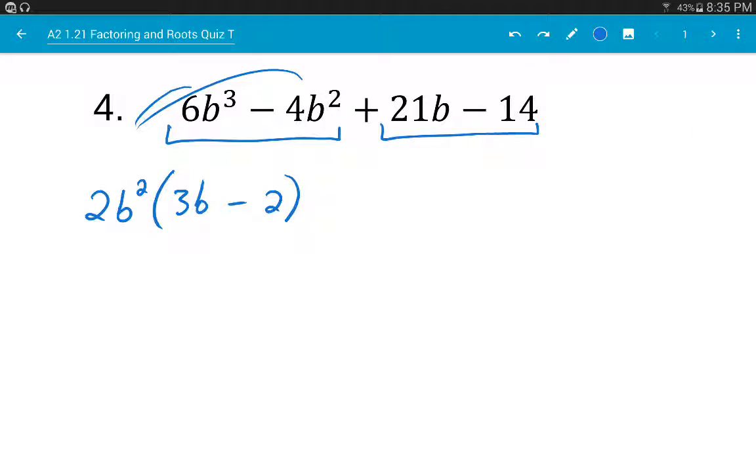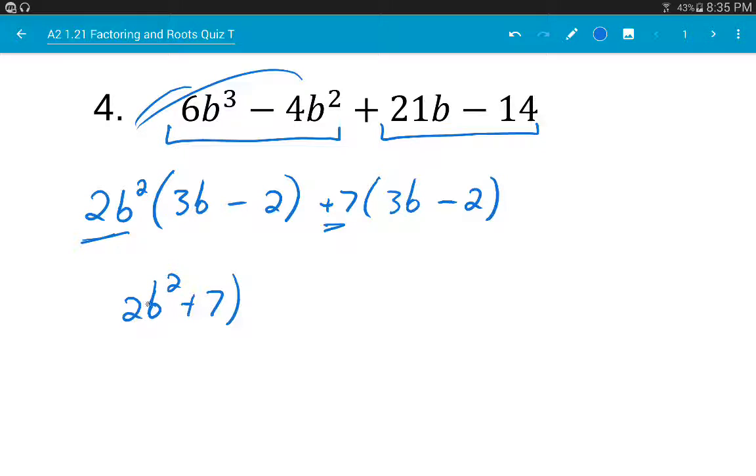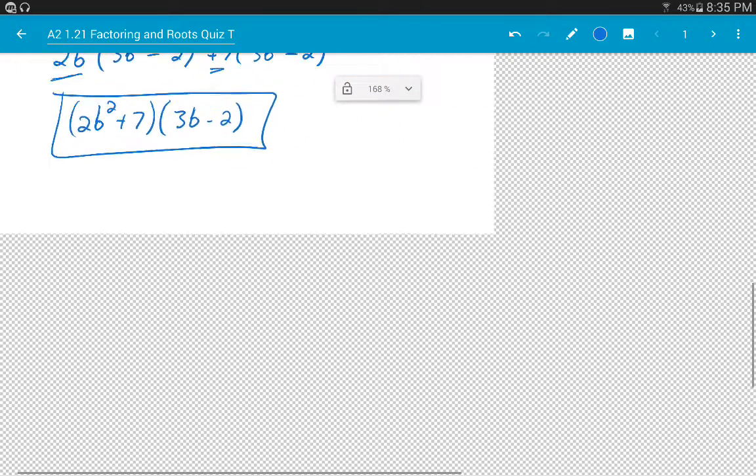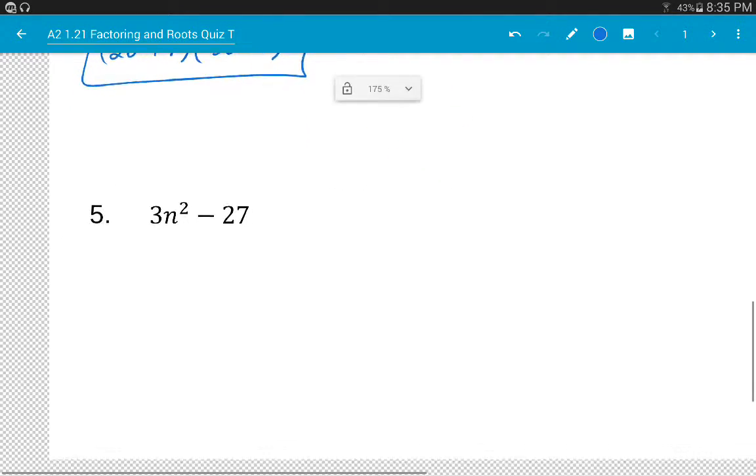On the right-hand side, 21 and 14 are both divisible by positive 7. So this leaves me with 3b minus 2. And my outside stuff can be combined into a single bubble. 2b squared plus 7. And my inside stuff is my other bubble, 3b minus 2, and that is my fully factored answer.